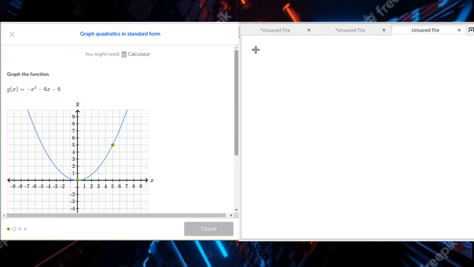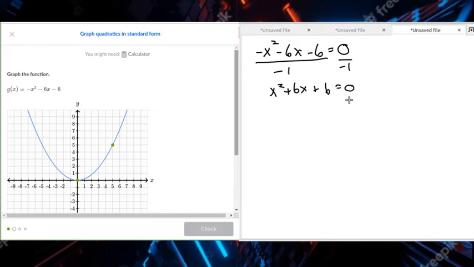But so we're going to solve for our zeros here. I'm going to divide both sides by negative 1 and get x squared plus 6x plus 6 equals 0.